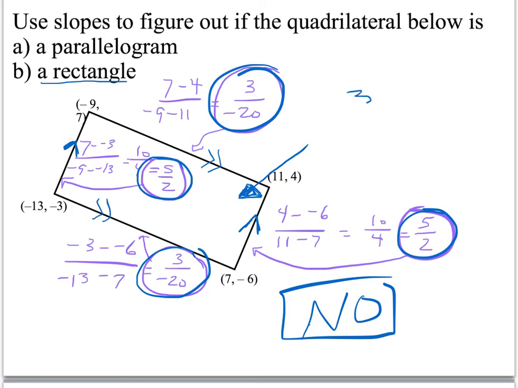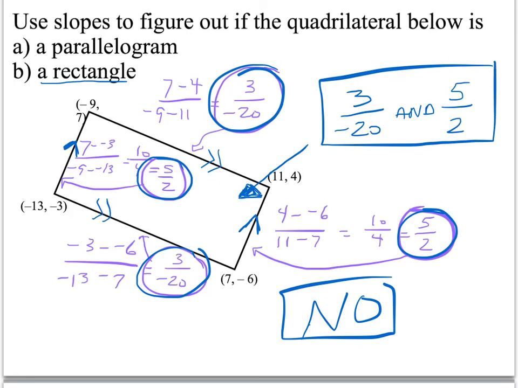Reason being, 3 over negative 20 and 5 halves, in other words, the slope of the top line and the right line, are not opposite reciprocals. Therefore, it is not perpendicular, not a right angle, so we know it is not a rectangle. It is a parallelogram, but not a rectangle.